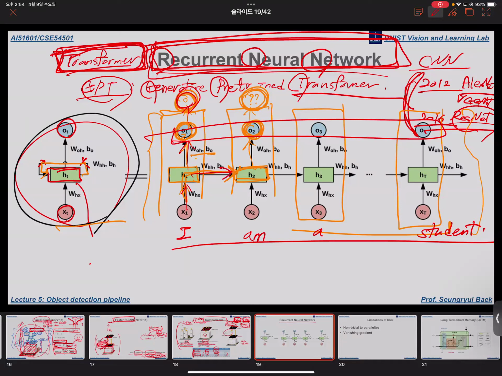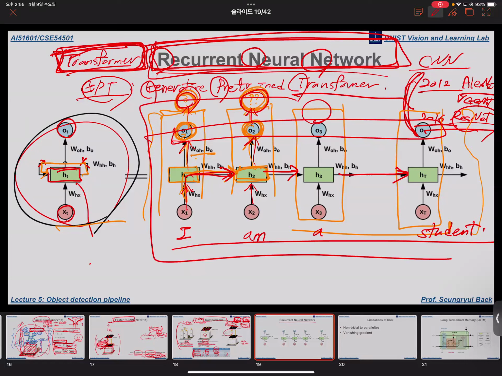But for the second word, we can consider the previous word, and that information is coming from this route and can reflect that to translate the second word. And also we can transmit the previous word information when translating the third word.